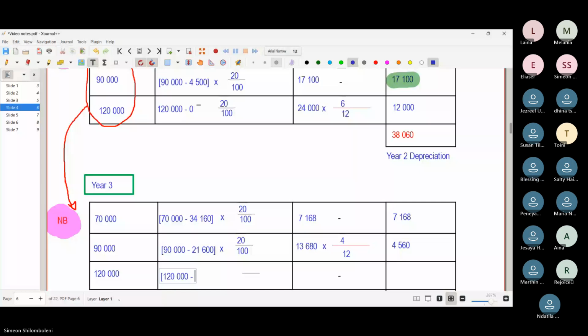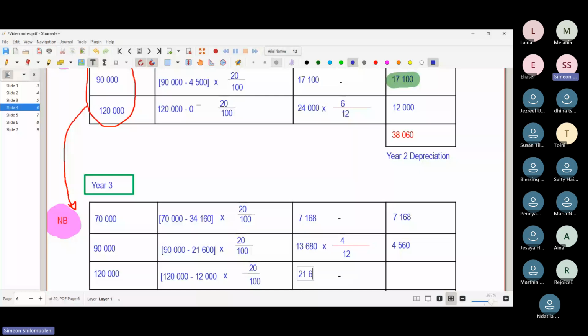For the final answer, 120,000. Okay. Then we multiply here minus 12 with 20 over 100. How much do we get here? 21,600.